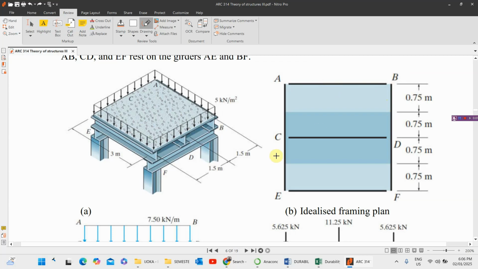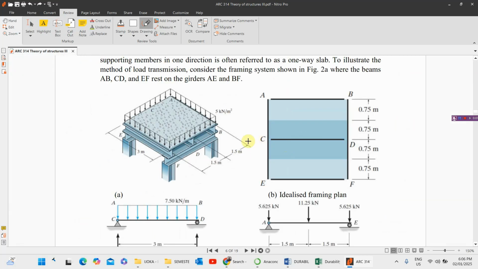So how do we look at how it is being distributed? How do we draw the free body diagram? Let us start with this particular beam CD. This CD is carrying 0.75 plus 0.75, that's 1.5. So how do we know the UDL that it will carry?